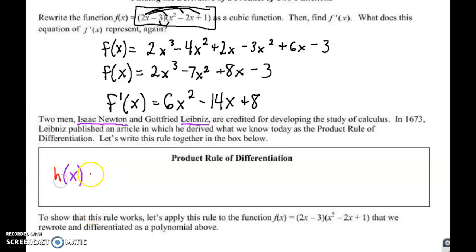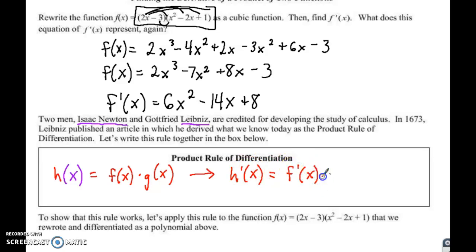So I'll use h of x is equal to, now I'll use the functions f times g. And one of these two men, I couldn't tell you which one, found out that the derivative of h is equal to the derivative of f times g, plus, then you leave f alone, times the derivative of g.